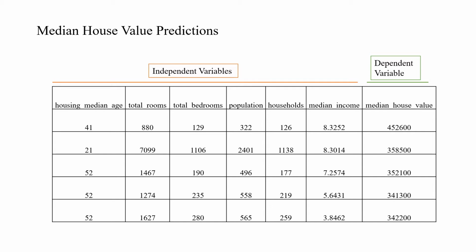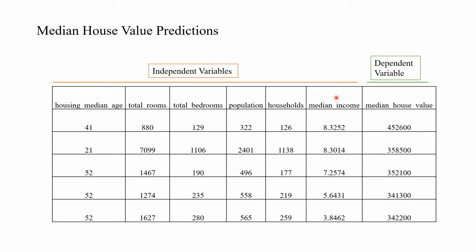Now, in this house price prediction, we can understand the different independent variables and dependent variables. So, the median age of house, the total number of rooms, the total bedrooms, the number of people in the locality, households, median income, these are all our independent variables, and the median house value is our dependent variable.